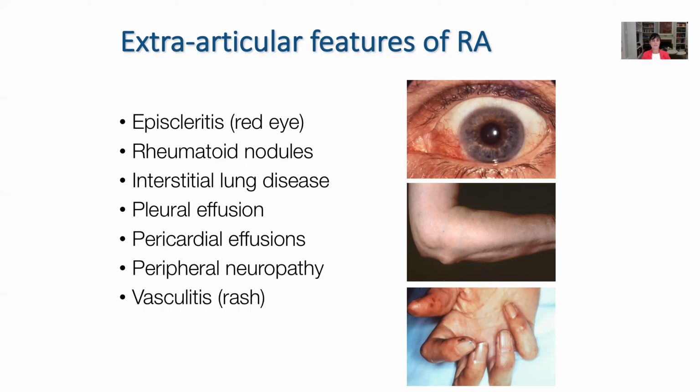And these include episcleritis, which is a cause of red eye, rheumatoid nodules seen on the border of the elbow, interstitial lung disease and other pulmonary manifestations, including nodules, pleural effusions, pericardial effusions, peripheral neuropathy, and vasculitis and other types of rash. In this instance, you can see small vascular lesions in a distribution around the nails.